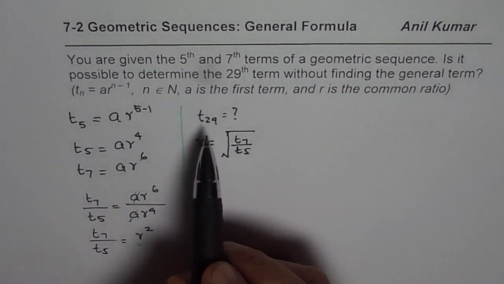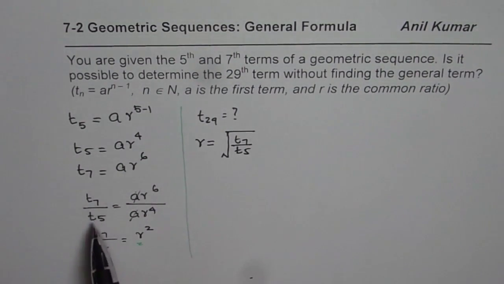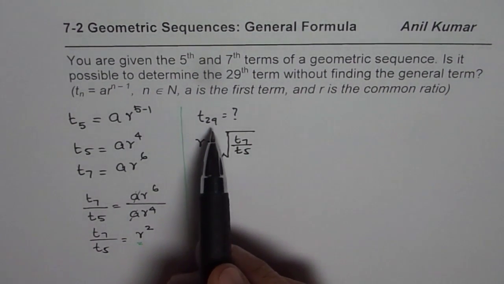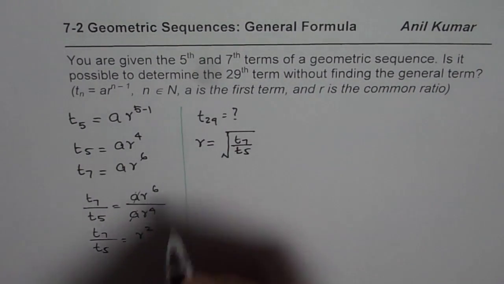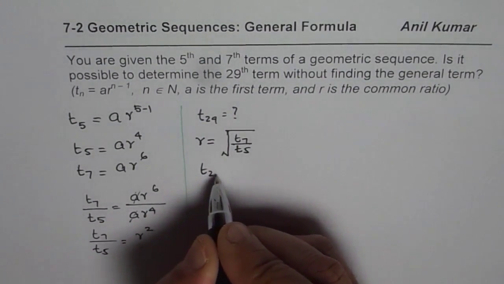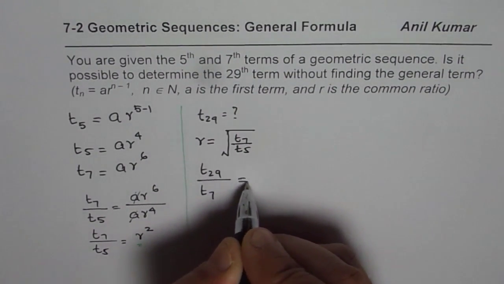Now, we want to find what T29 is. Just as we did with T7 and T5, we can find the ratio of T29 to T7, right? So what is T29 over T7?